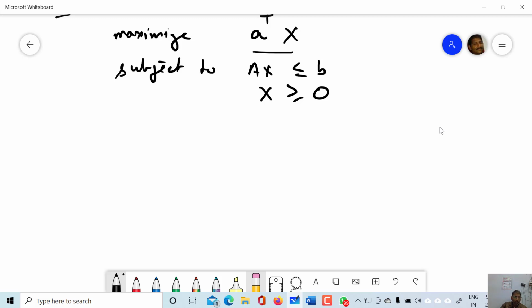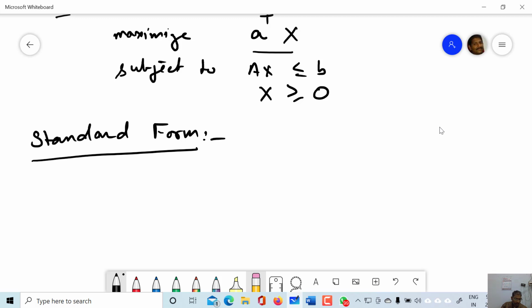Now the third form is the standard form.